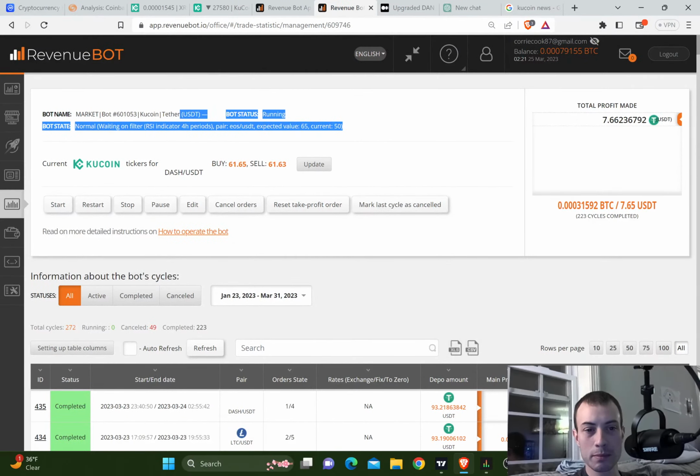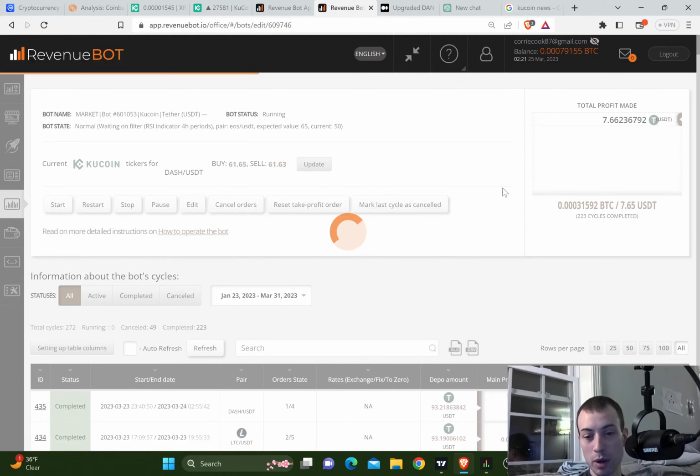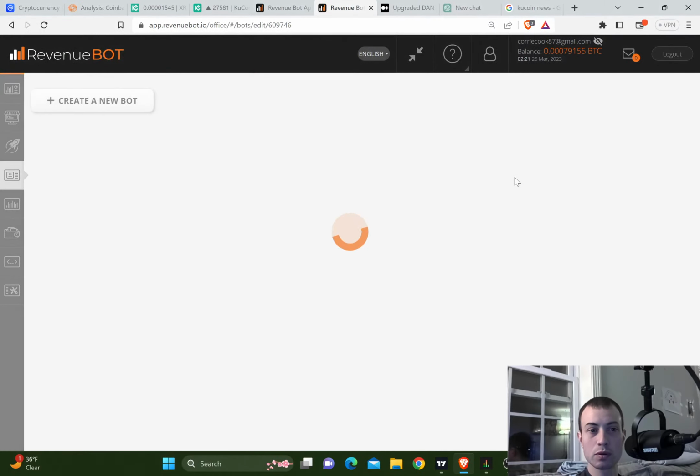Up here at the top, it says waiting on RSI filter for EOS. The expected value is 65, but it's only 50 at the moment. So it's going to look through coins until it finds the perfect coin to trade based on the parameters inside the bot. If you wanted to see what's inside the bot, we'll give you just a little snippet.